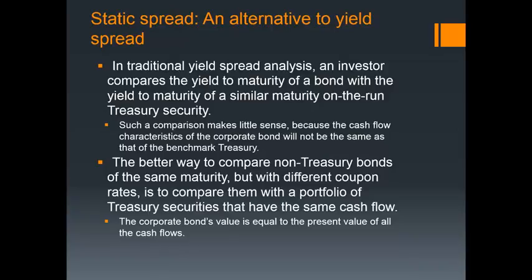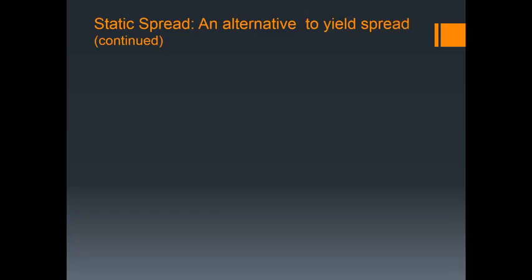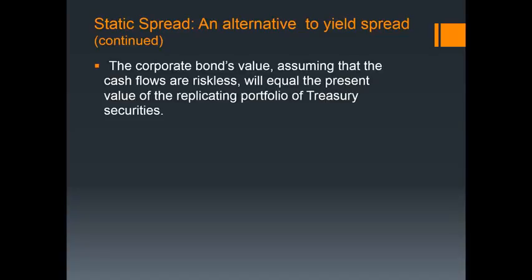And so we're going to use the spot rate curve to help value the non-treasury bond. What we're doing here is using the spot rate curve, and then we're going to assume a spread. We're going to assume a spread and see if this provides the value of the corporate bond.